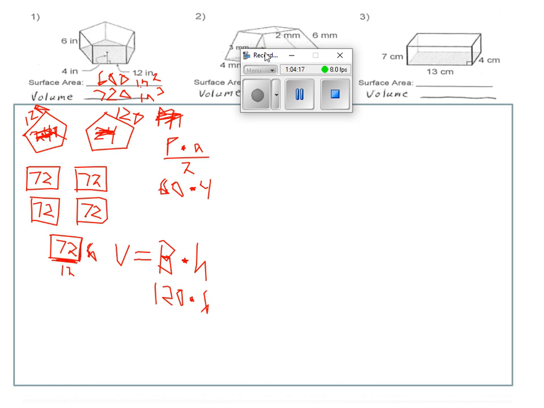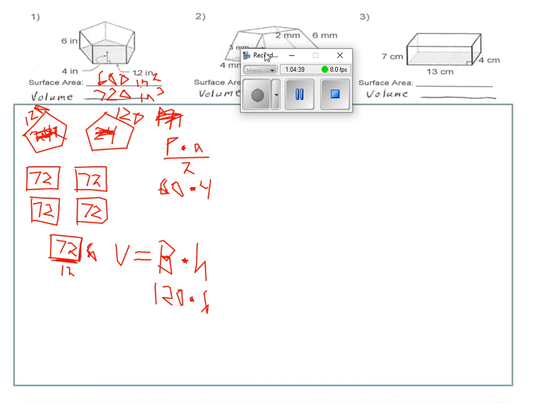This one? What are we gonna do with all those? Add them up. 342. Anybody else get 342? I got 420. I got 342. Which one are we going with? 342. What's our units? Centimeter squared.